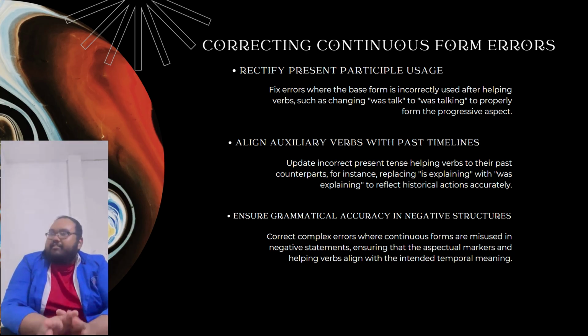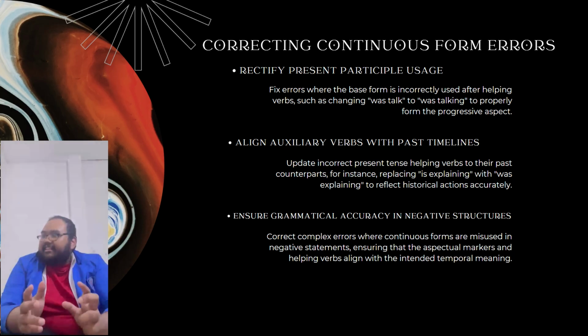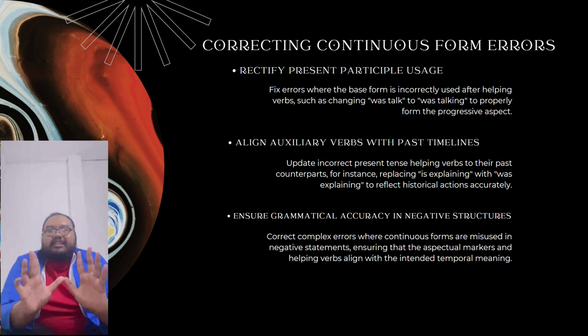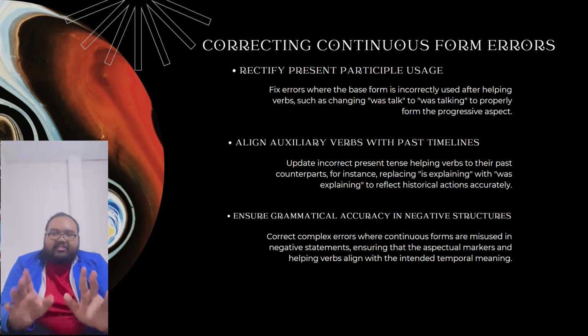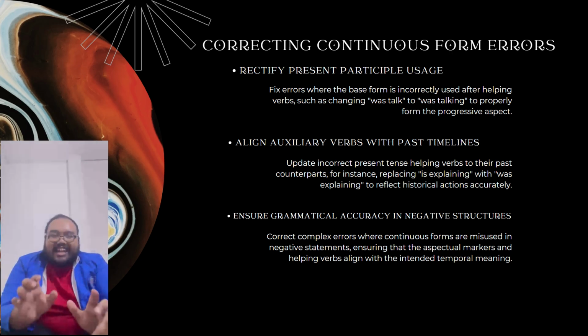Now, ensure grammatical accuracy in negative structures. Correct complex errors where continuous forms are misused in negative statements, ensuring that the negation markers and helping verbs align with the intended temporal meaning.